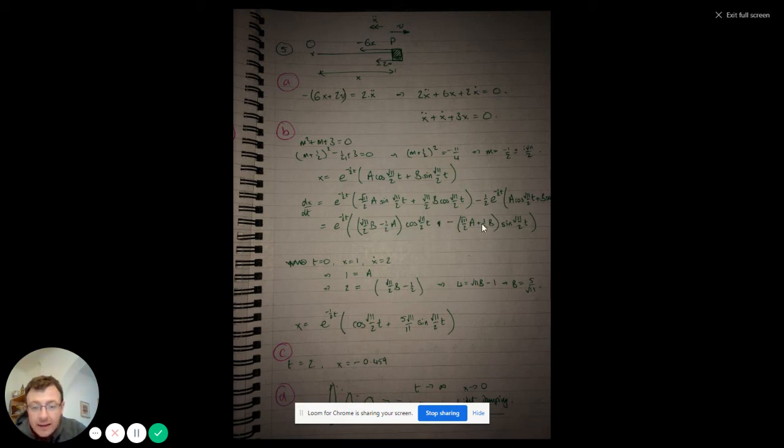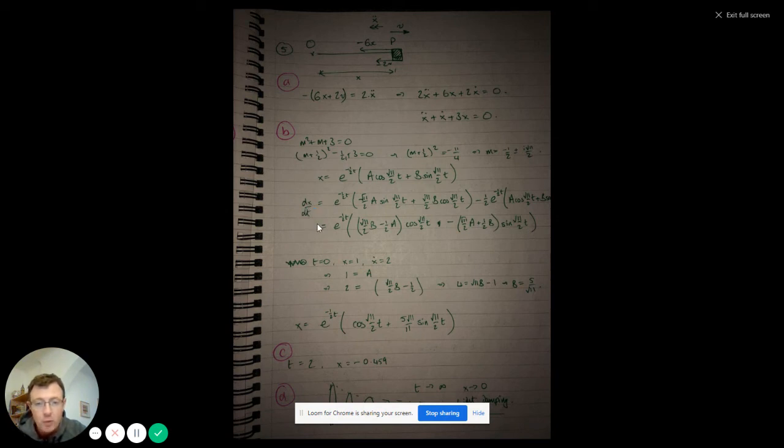Then using the initial conditions, and these initial conditions aren't that nice: when t is 0, x is 1, and dx with dt is 2. So t is 0, I'm looking at the x situation here, 1, 0, 1. So 1 equals a. Nice one. And then dx with dt is 2 when t is 0.